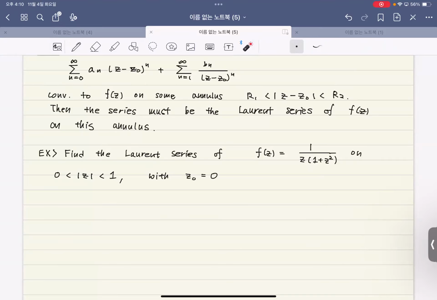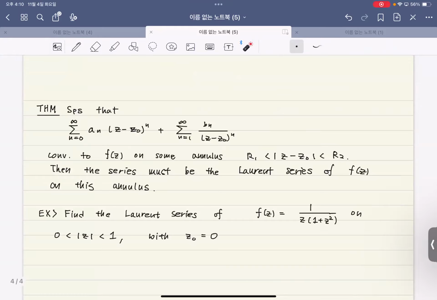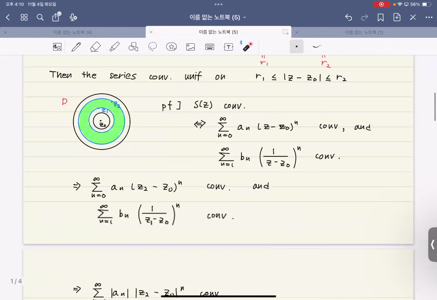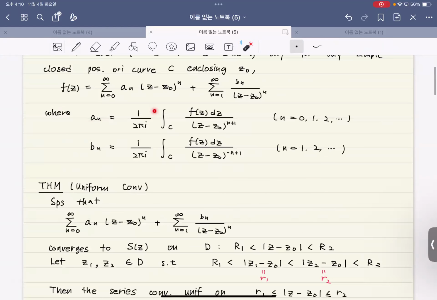Well, a priori, suppose that we cannot take advantage of this uniqueness theorem. Then the only way to find the Laurent series of this function is nothing but computing these two integrals, right?